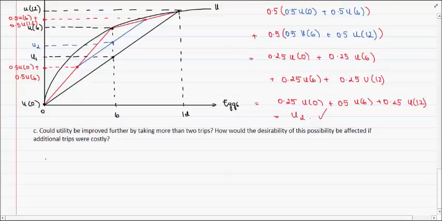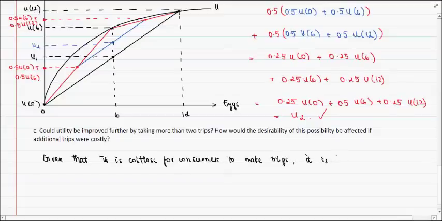Okay, so I will say, given that it is costless for the consumers to make trips, the utility could be improved further by the consumer taking more trips.